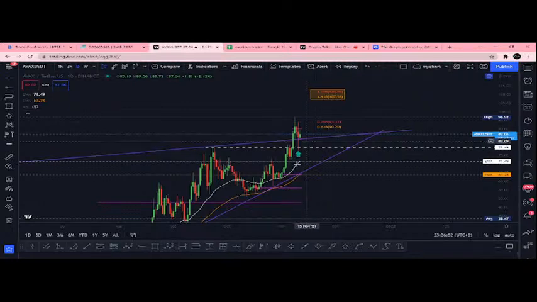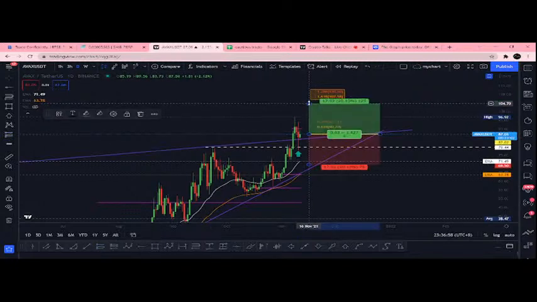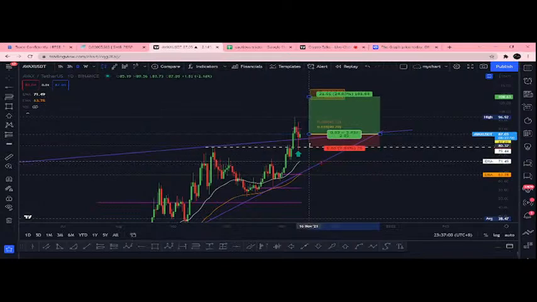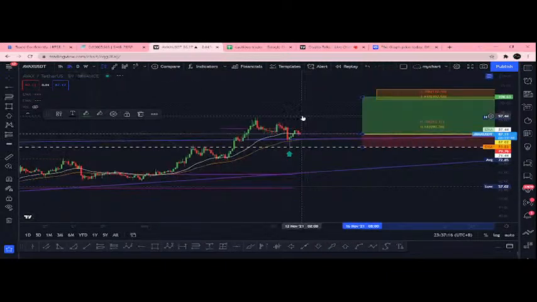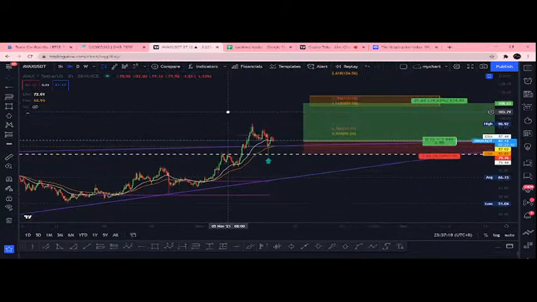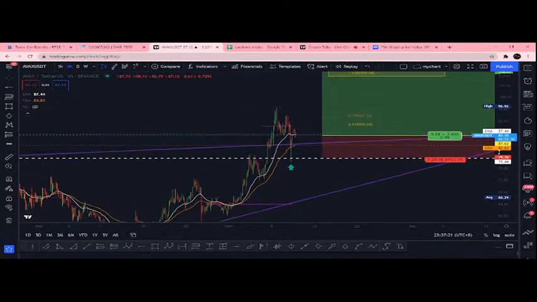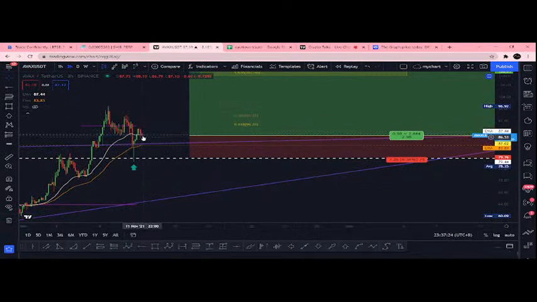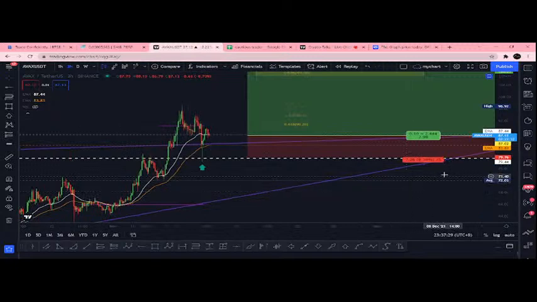A long position. I'll use the 3 hours. But since the 3 hours is not yet closed, I'll wait for it to close above the EMA 30, which is the $88.